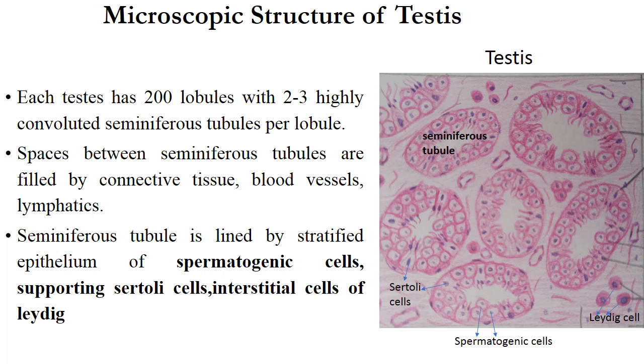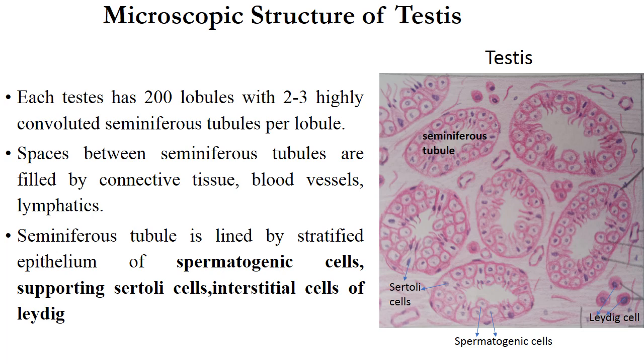The seminiferous tubules are lined by stratified epithelium. There is stratification because of the spermatogenic cells at different stages of development. Then apart from spermatogenic cells, we have the sustentacular cells or supporting Sertoli cells, and within the connective tissue stroma we have interstitial cells of Leydig.